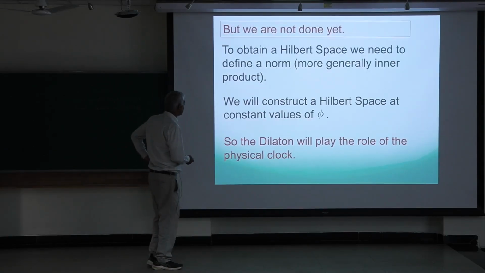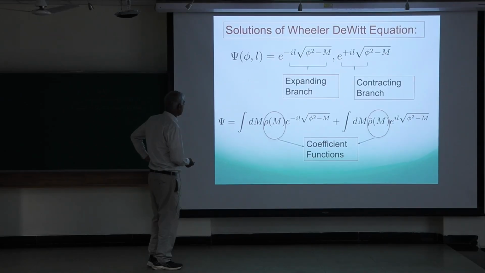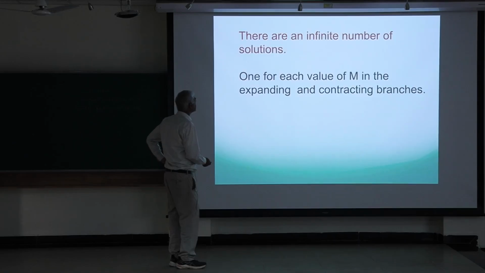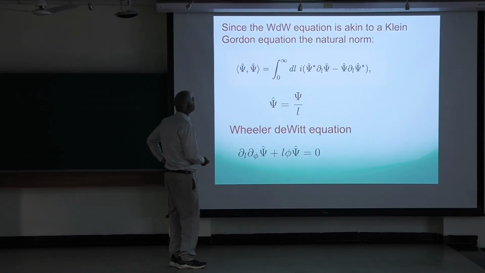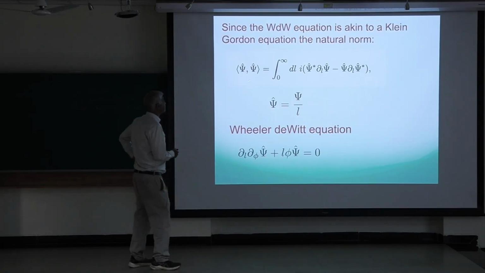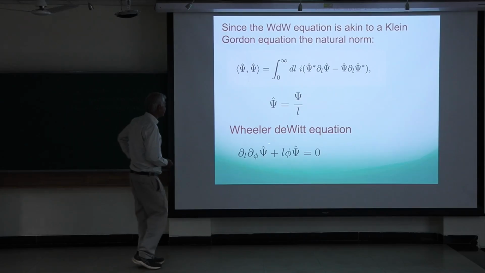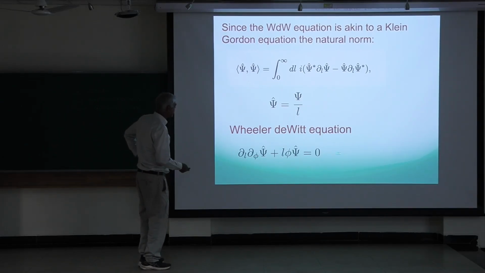Because the Wheeler-DeWitt equation in the end is not so different from a Klein-Gordon-like equation, there's some correction, etc., but it's close, the norm which is at least natural to define is this kind of Klein-Gordon-like norm. The reason why it's in terms of psi and not psi hat has to do with those differences. Psi hat satisfies a more conventional Klein-Gordon-like equation.